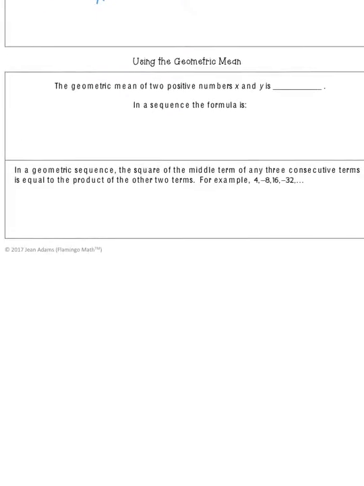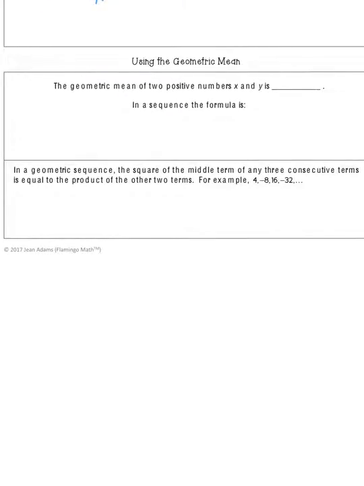So again, just to recap the geometric mean, if you recall, we're just taking the square root of the product of two numbers. I don't think you really need to know what the sequence formula looks like, to be perfectly honest. In a geometric sequence, the square of the middle term of any three consecutive terms is equal to the product of the other two terms.